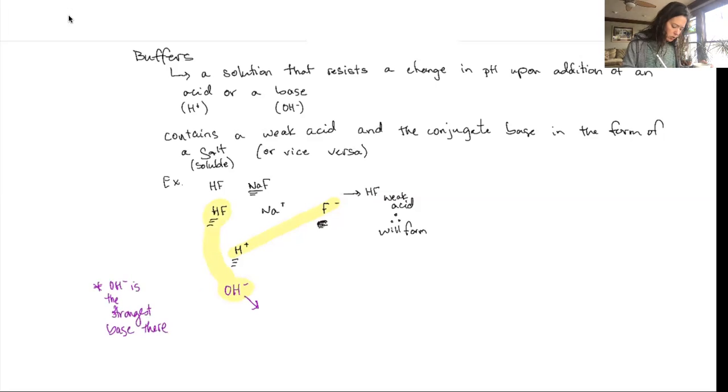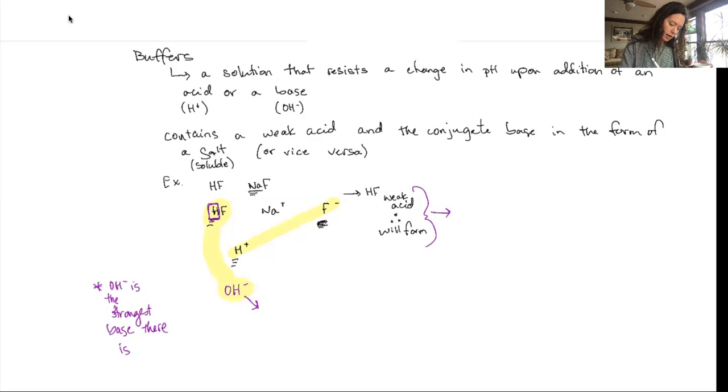Okay, so hydroxide is going to want to take his hydrogen back and form water.